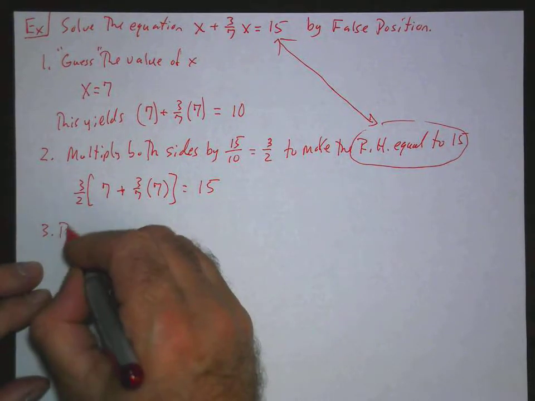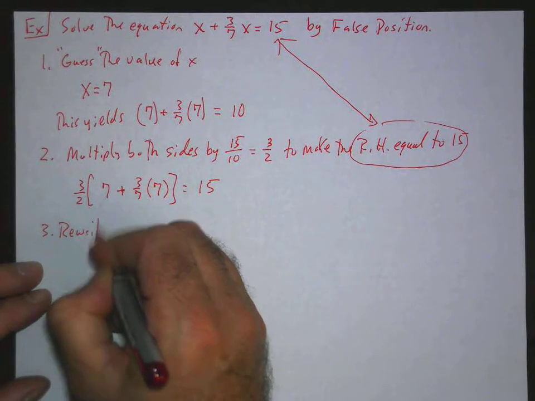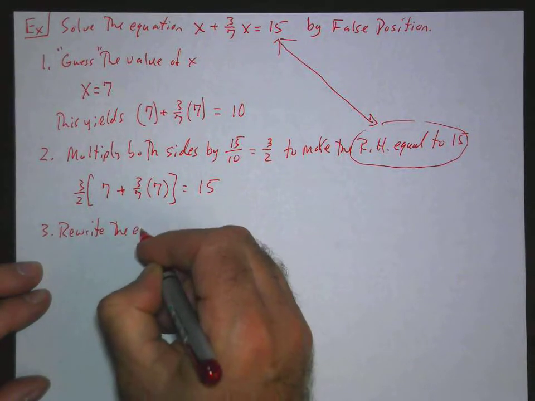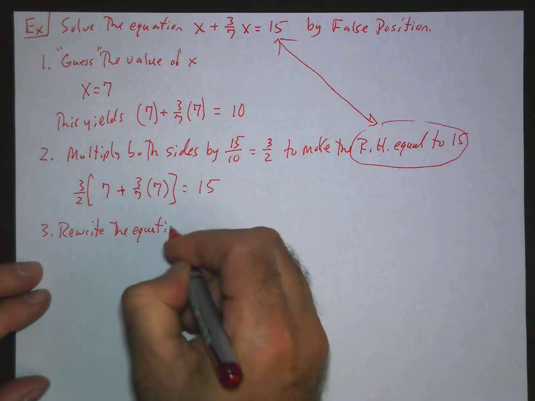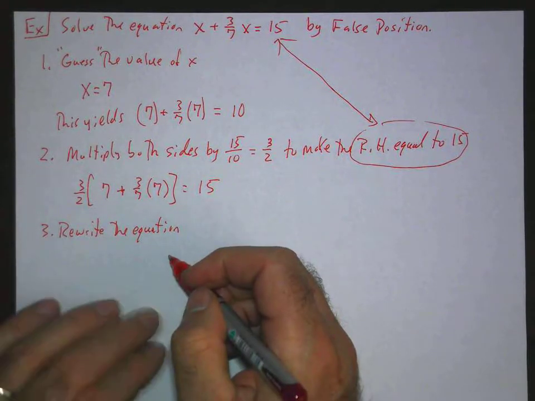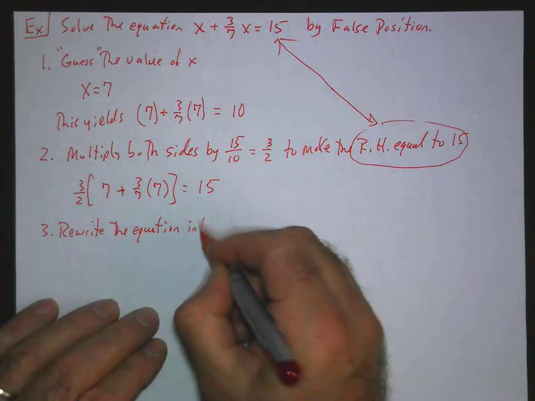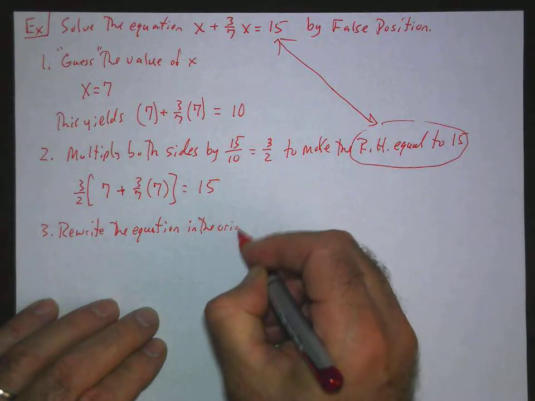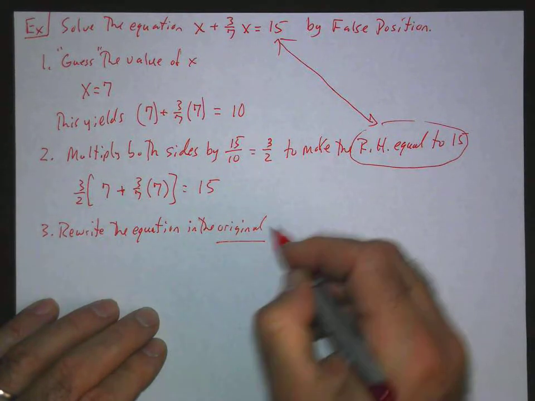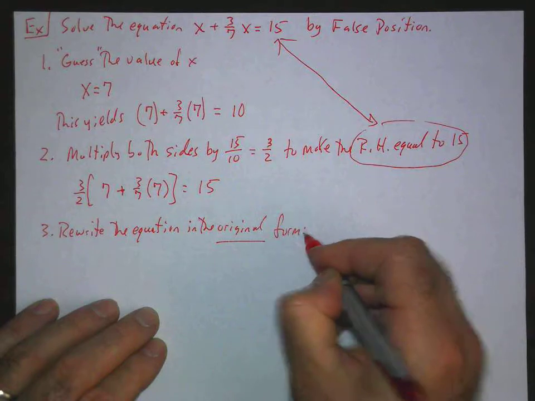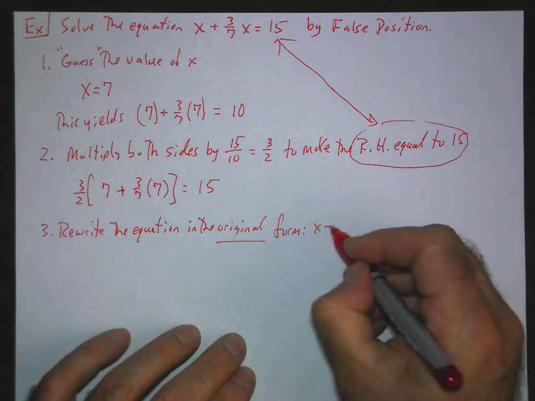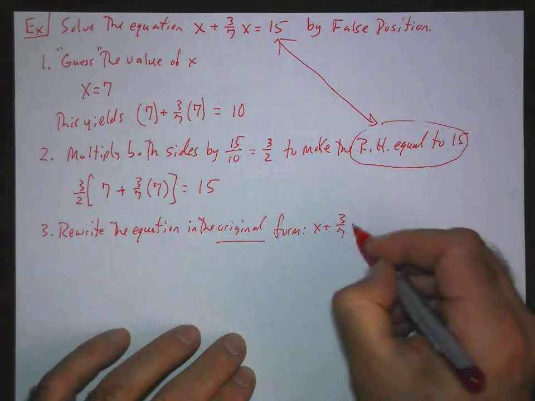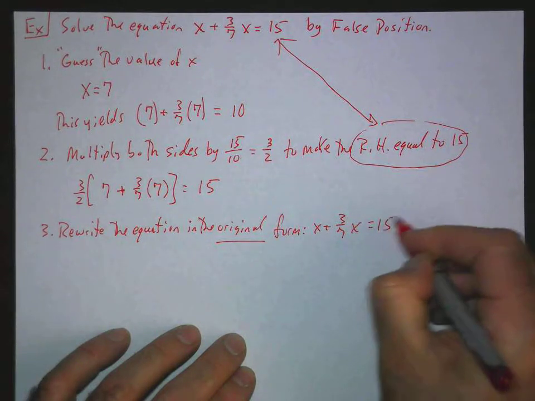And then finally, rewrite the equation in the original form. x plus 3/7 x equals 15.